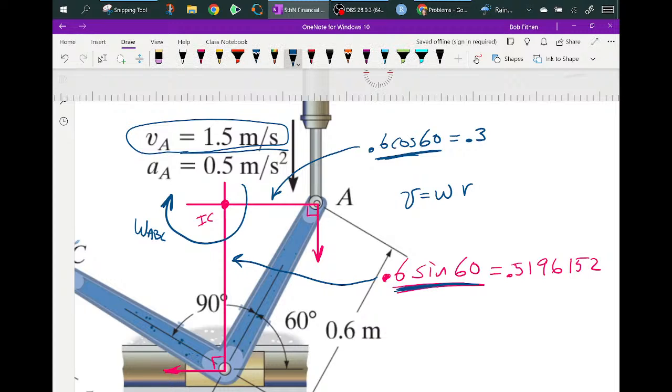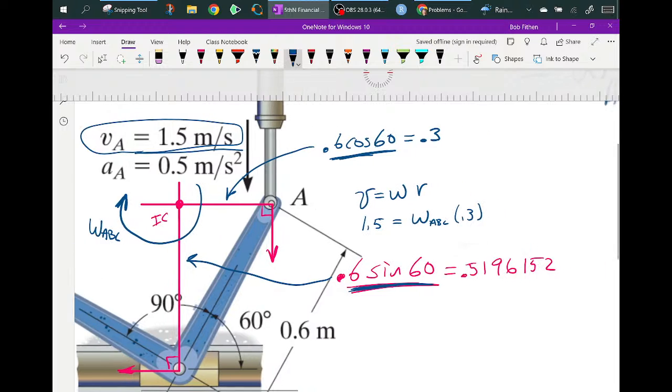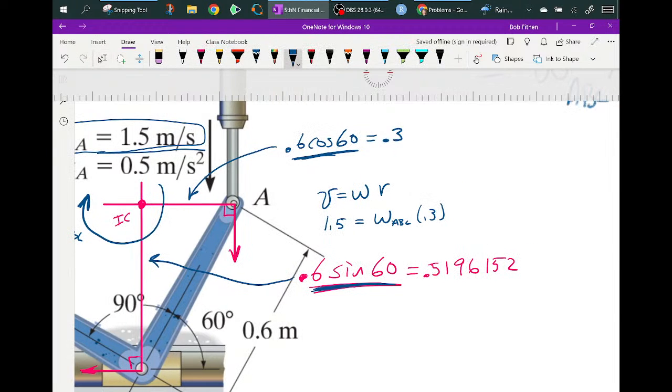And so what you end up with is 1.5 meters per second. Omega, that's what we're looking for, and we'll just go ahead and say it's ABC. And this is 0.3. And that would tell you that omega ABC will be, I'll go ahead and calculate it here on my phone.